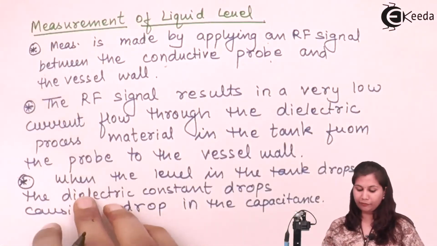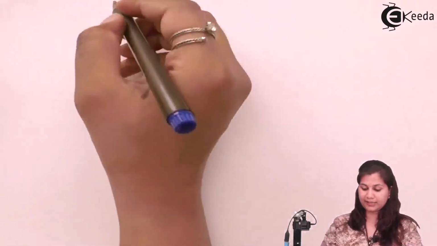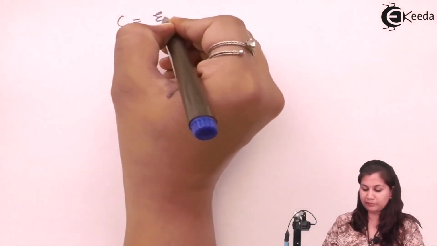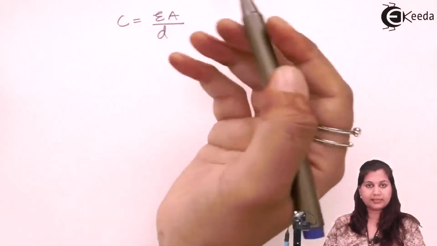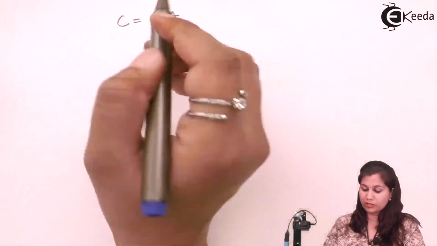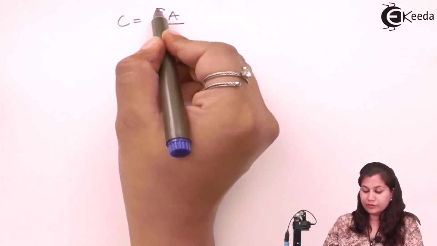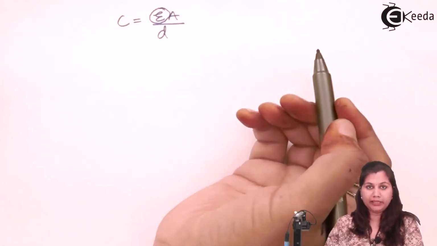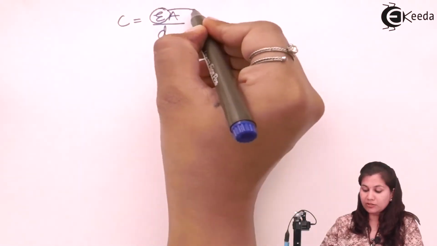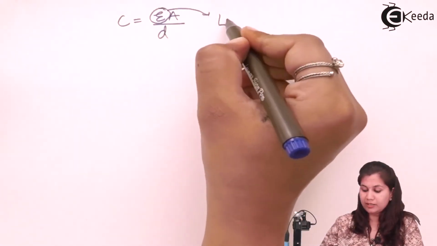So we can measure the change in the level by measuring the change in the capacitance, because in the formula we have seen that C equals epsilon A by D. The area is constant, and D, the distance between the plates, is also constant. So only the dielectric constant is changing, due to the change in the dielectric medium, and this is changing due to the level changes.